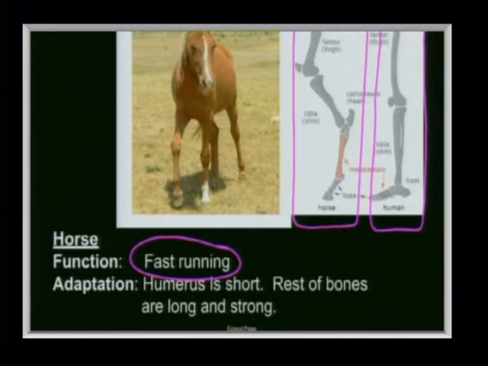And if you look carefully, here they mention that the humerus is short and the rest of the bones are long and very strong. You can see that this horse here has quite a mass, in other words, quite a large body that it must actually carry during this running process. So these bones need to be as strong as possible.